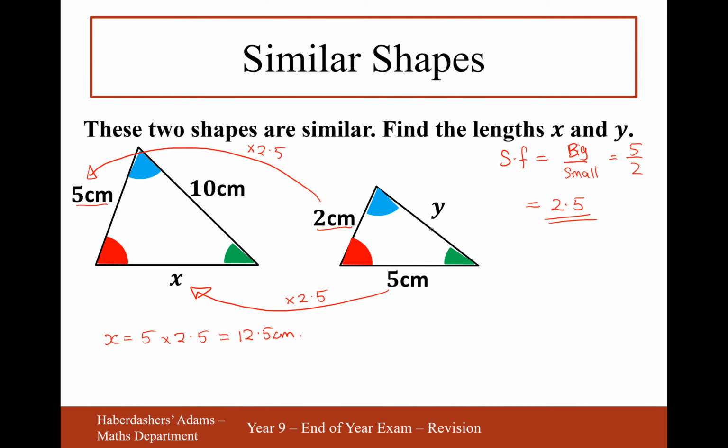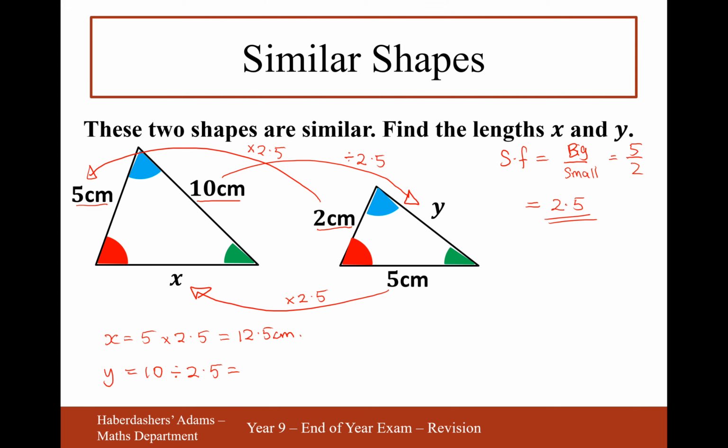Now the side for y is a little bit difficult because we need to go from this 10 backwards to the smaller shape. So how do I decrease the size of this shape? Well, instead of making it bigger and multiplying by 2.5, I'll make it smaller and divide by 2.5, because that's the opposite of multiplying by 2.5. So for y, I'm going to take 10 and make it smaller by dividing by 2.5.